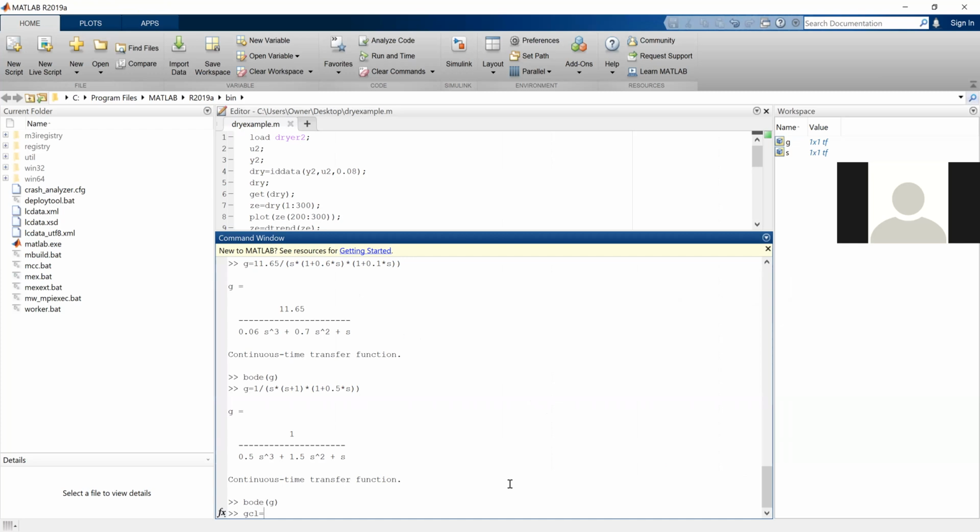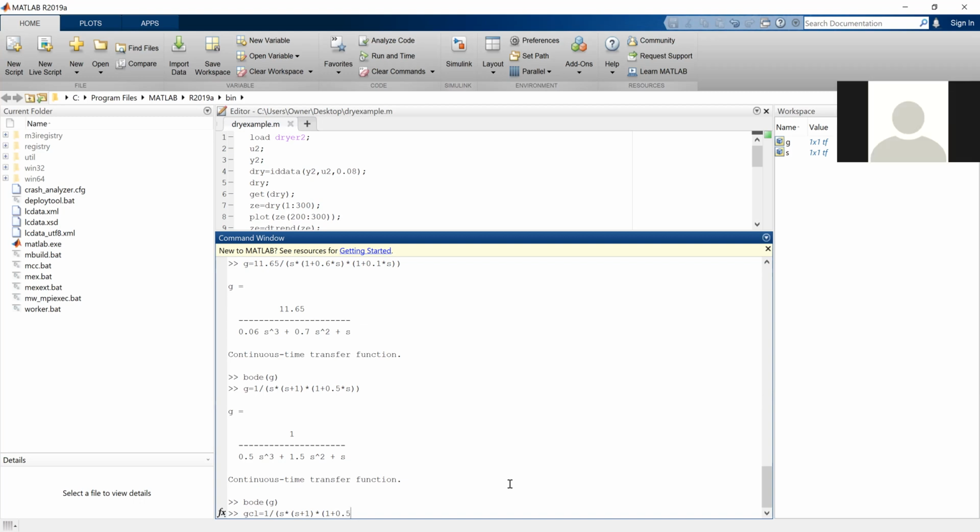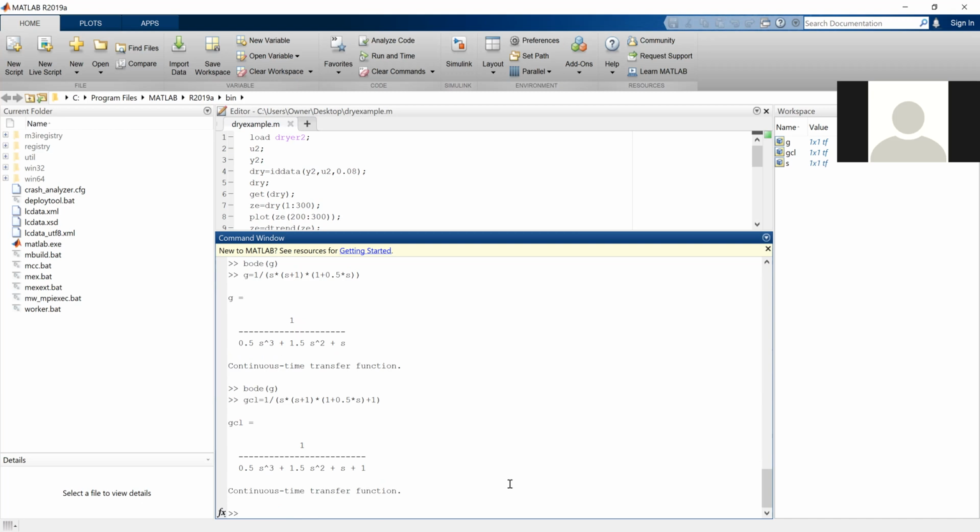So it's equal to 1 divided by s multiply (s plus 1) multiply (1 plus 0.5 multiplied by s), plus 1. So this is closed loop. So go to GCL closed loop.